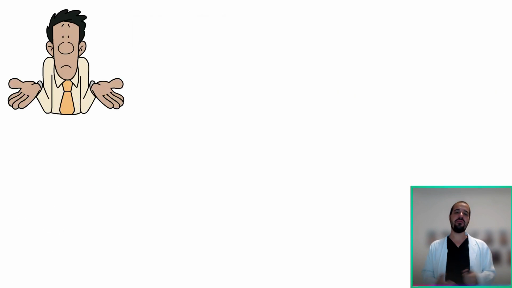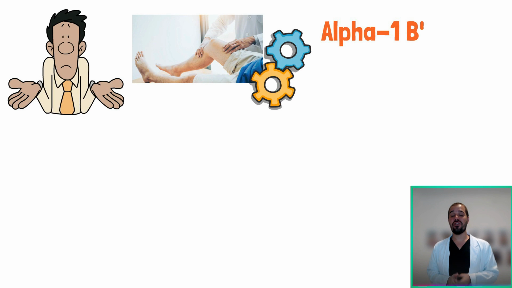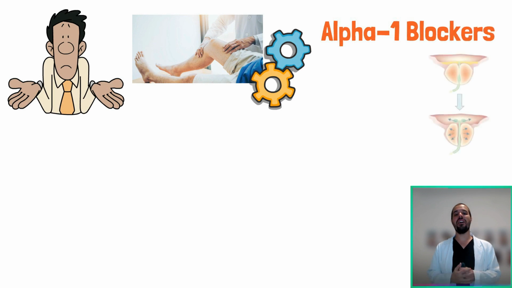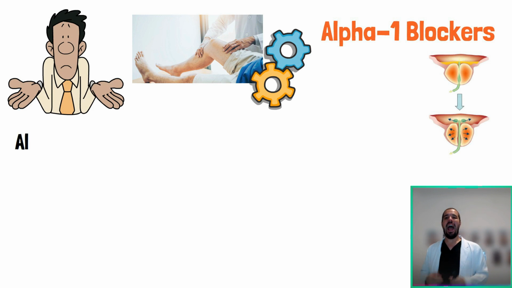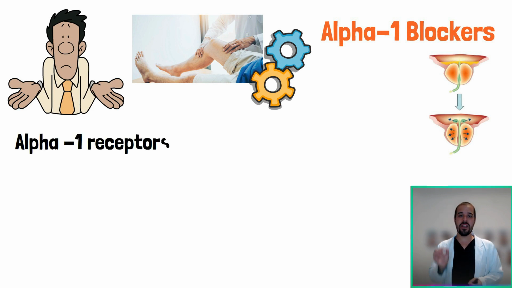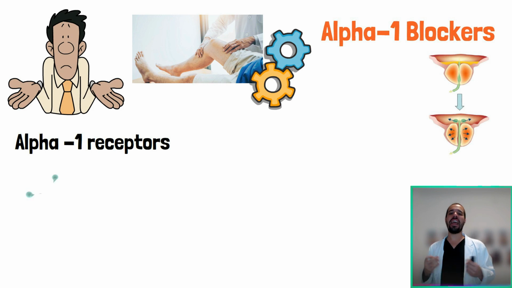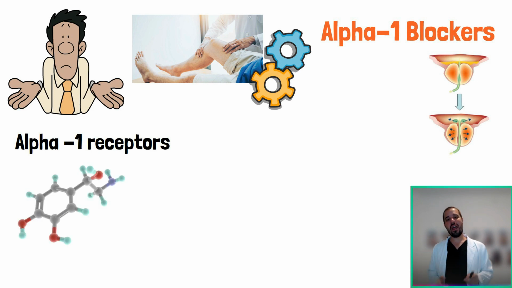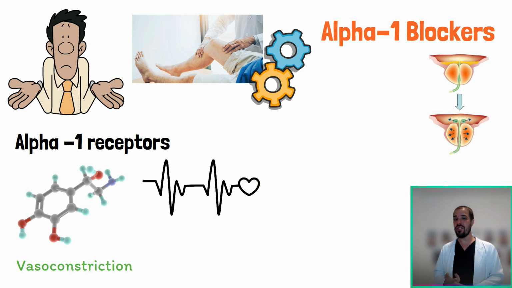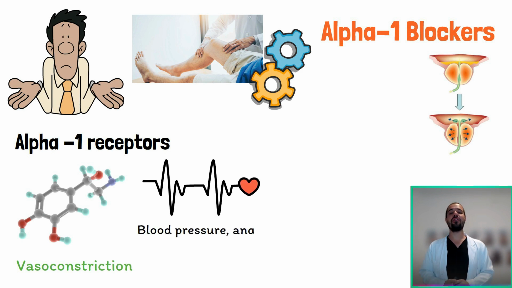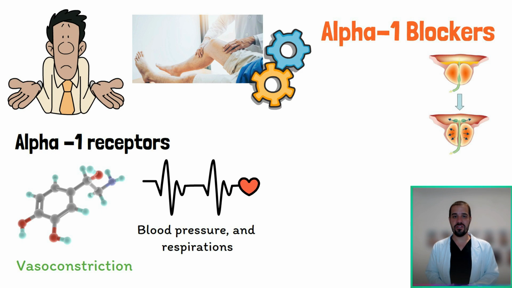Now, how do these medications achieve their therapeutic effect? In the name, it states its mechanism of action. These are alpha-1 adrenergic blockers. They block adrenergic receptors, specifically alpha-1. Alpha-1 receptors are normally on the receiving end of catecholamines, such as norepinephrine, which, as we know, promote vasoconstriction, an increase in heart rate, and an increase in blood pressure and respirations.